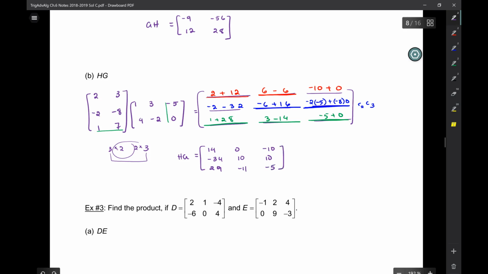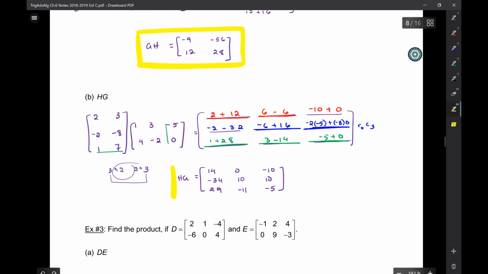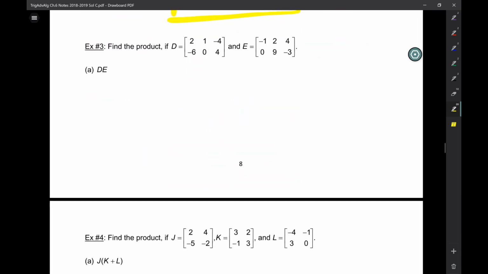Awesome. Take a look. This was GH. Look at how that looks. And this is HG. Very different. Just to hit that point: when you're multiplying matrices, they're not commutative. You can't go backwards.